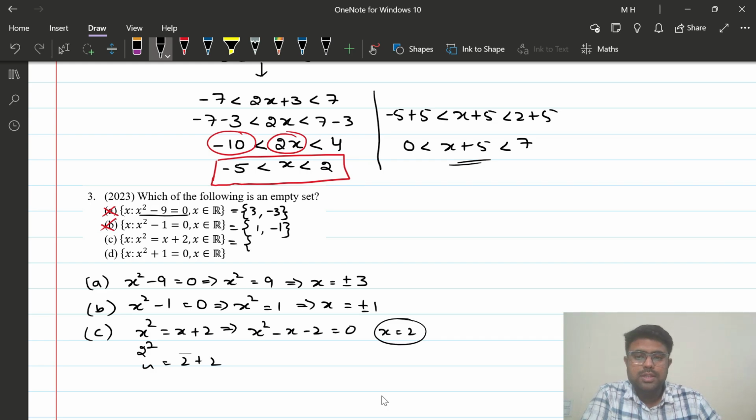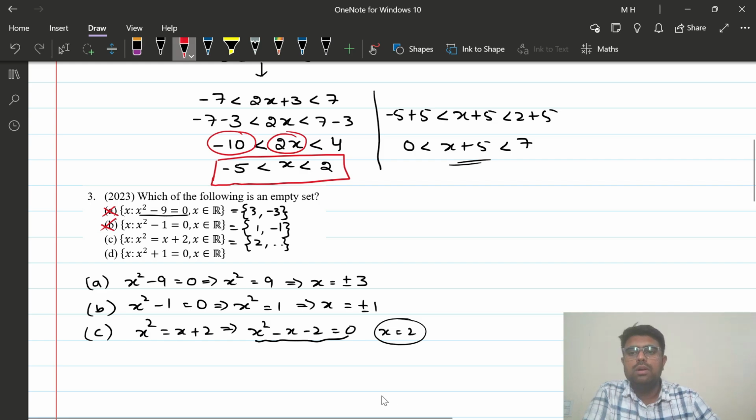So this set will contain 2 no matter whether it contains another element or not, because it is a quadratic equation, and a quadratic equation can have a maximum of 2 roots. So one of the roots is 2. Just by looking at it we can make out. So since it is containing one element, it can never ever be empty. So I can just strike off this option also.